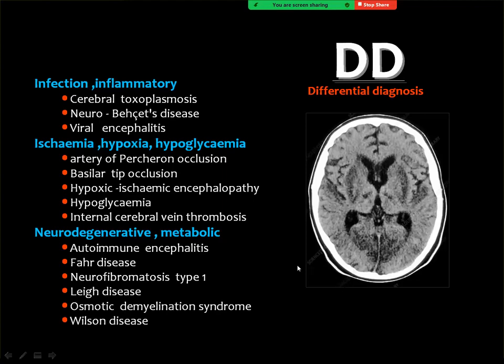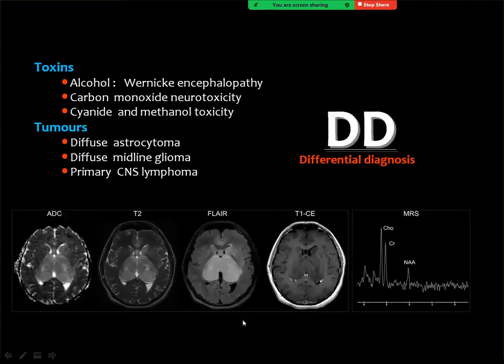There is a very long list of diagnostic possibilities, including infection like toxoplasmosis and Behçet disease, viral encephalitis, ischemic conditions like artery of Percheron, basilar tip occlusion, hypoxic ischemic encephalopathy, hypoglycemia, internal cerebral vein thrombosis, neurodegenerative diseases, autoimmune encephalitis, Fahr syndrome, neurofibromatosis, Leigh's disease, osmotic demyelination, and Wilson disease.